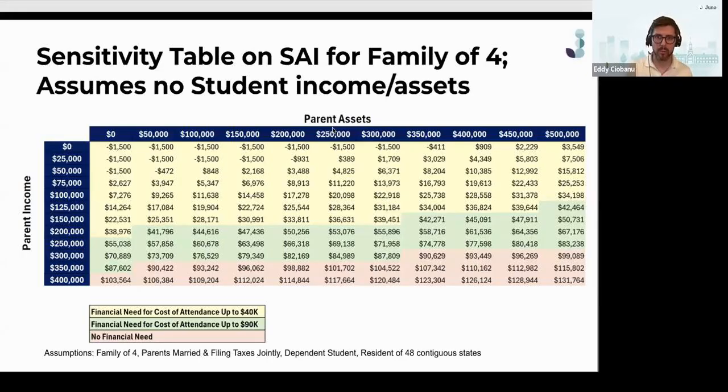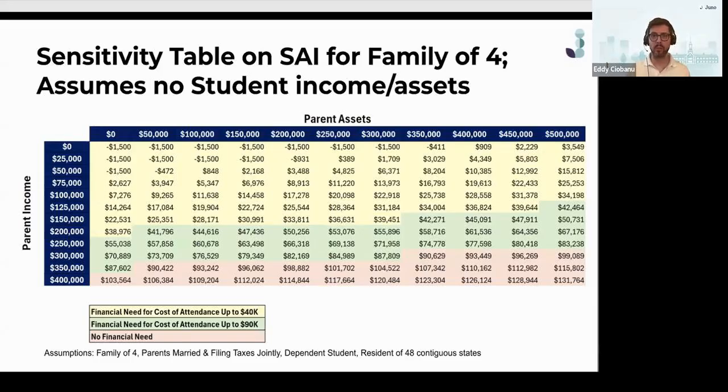So parent assets are $250,000 and parent income is $150,000. If you find that on the chart, you'll see that we get to this number right in the middle at $36,631. So that will be the student aid index.